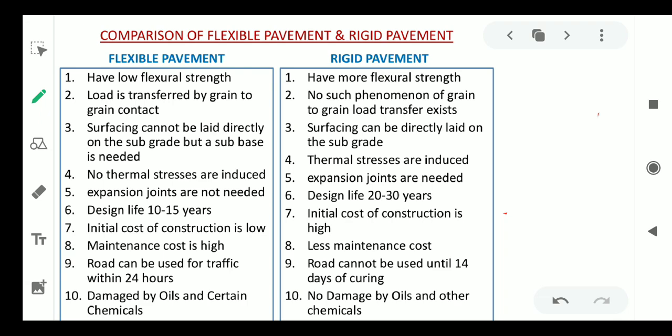Another point is the load is transferred by grain to grain contact in flexible pavement, and in case of the rigid pavement there is no such phenomenon. Grain to grain means, suppose a load is applied on the pavement, so the load acts exactly at this position.